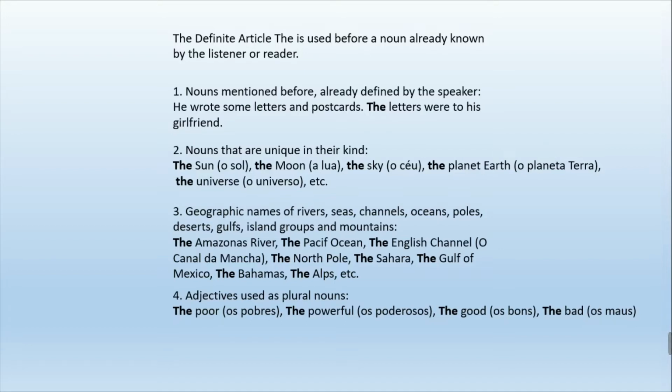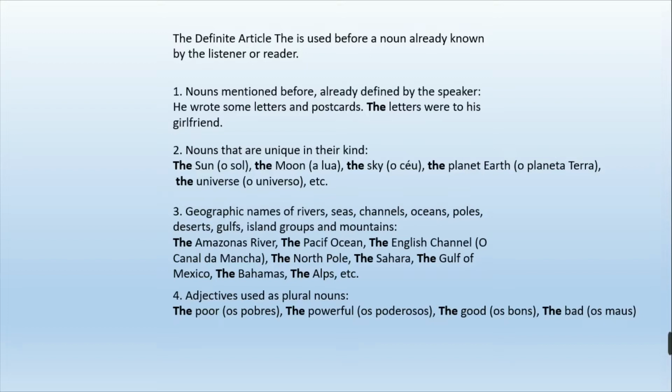Okay? Rule number 4. Adjectives used as plural nouns. Well, remember, adjectives do not have a plural form. So you don't say like, oh, he's a beautiful child. They are beautiful children. Well, we can't say that because we do not change adjectives to the plural form. In English, this is impossible.